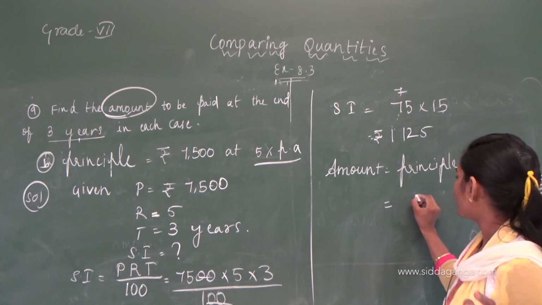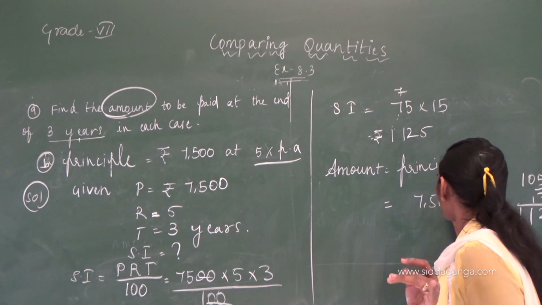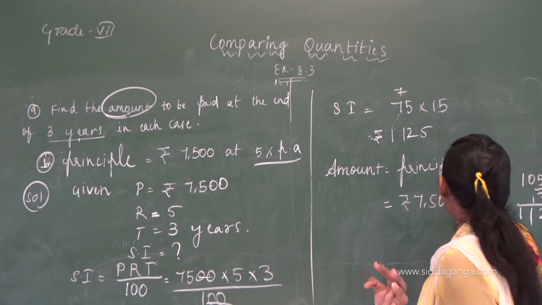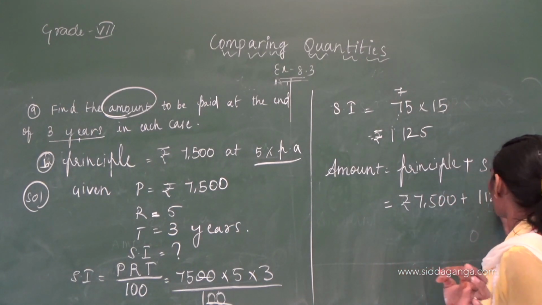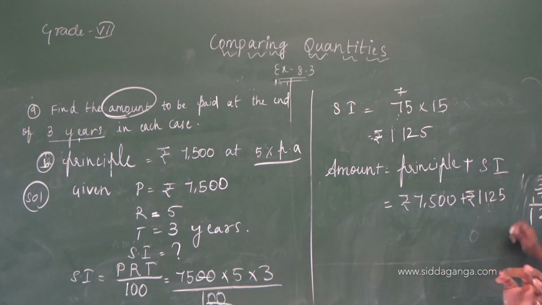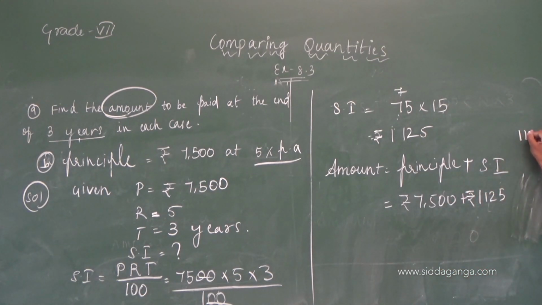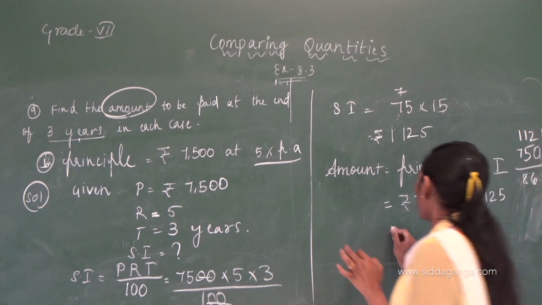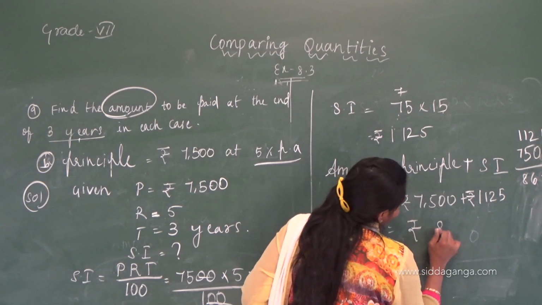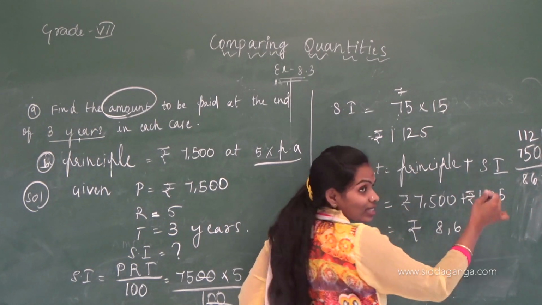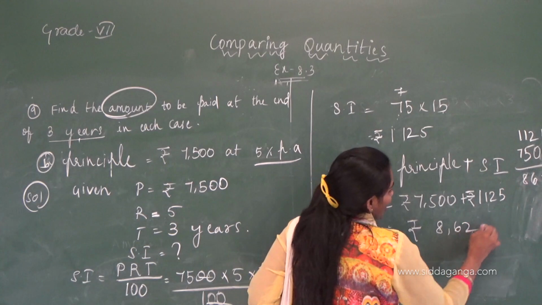Principal is 7,500 rupees plus 1125 rupees. 1125 plus 7,500 gives 8,625. Therefore, the amount in this transaction is 8,625.